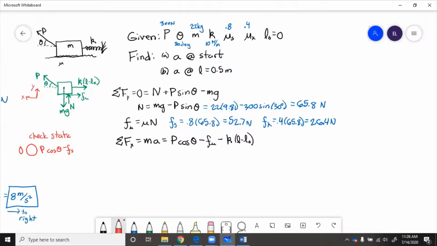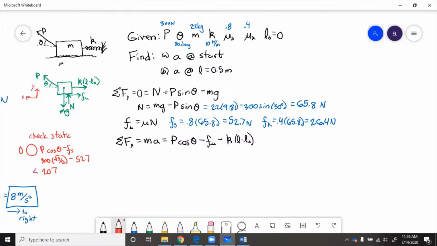So here we'll just have 300 times cosine of 30 minus the friction force, which we have to use static friction, 52.7. And this comes out to be 207 newtons.